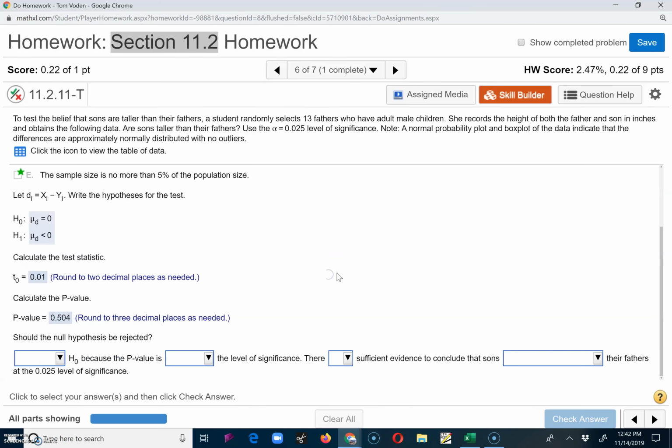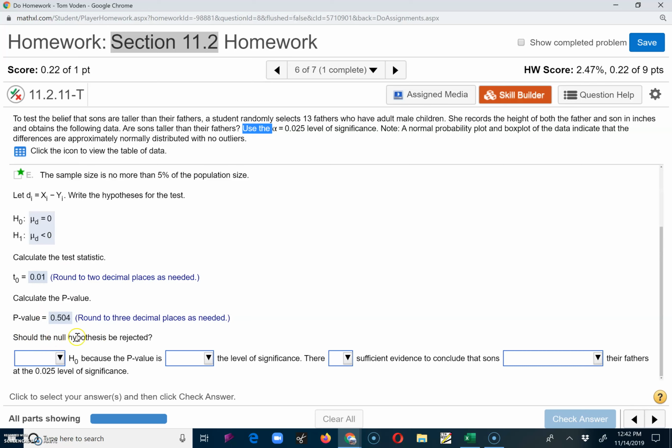And then the question is how to assess that p-value against the level of significance. And of course, we saw that was a huge p-value because the difference was really close to 0 anyway. So definitely that sample did not provide evidence in favor of this claim. In fact, it came out a little bit the opposite direction slightly. But certainly nothing we wouldn't expect due to natural random variation.